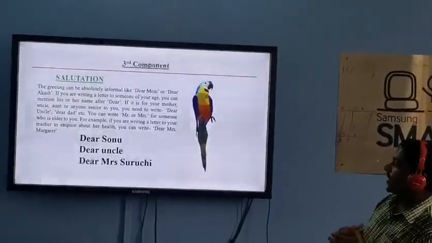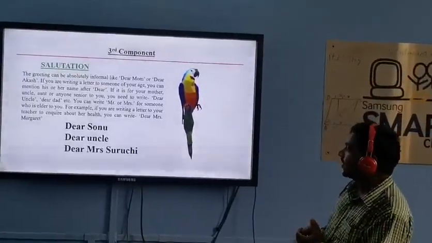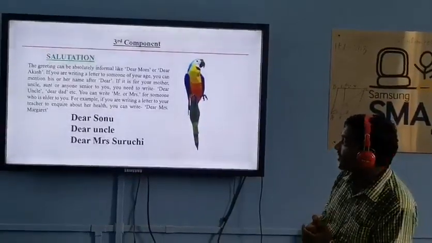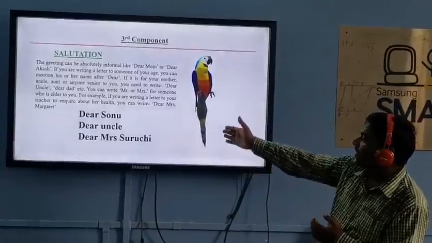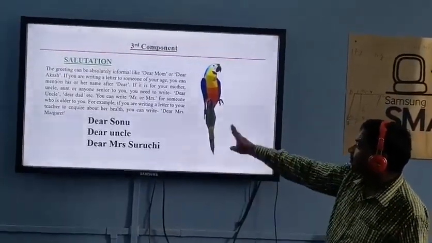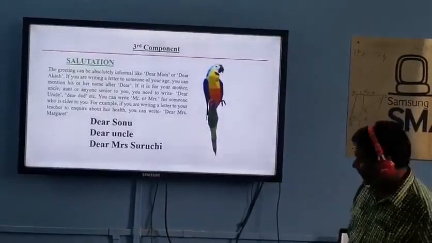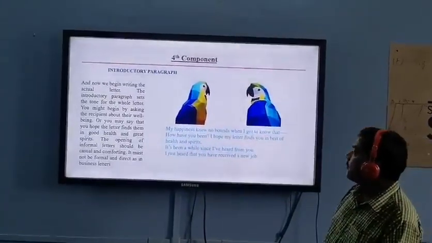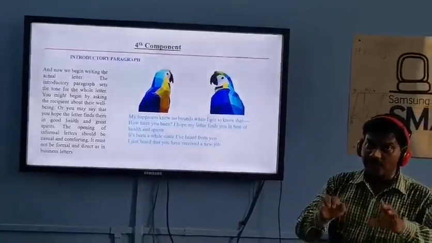For example, if you are writing a letter to your teacher to inquire about her health, you can write dear Mrs. Margaret. So this is the way of writing the salutation. You can see the example of salutation writing like dear Sonu, dear uncle, dear Mrs. Suruchi.